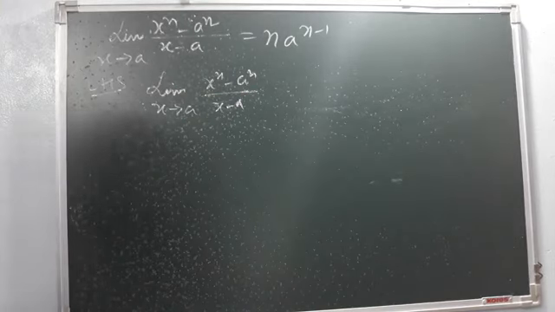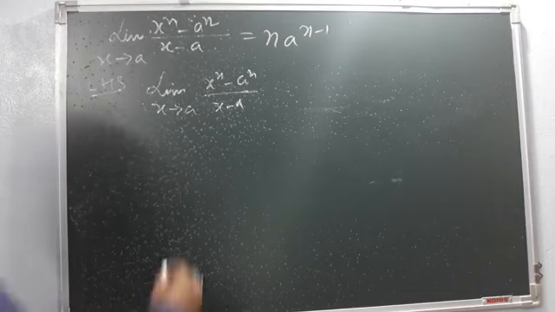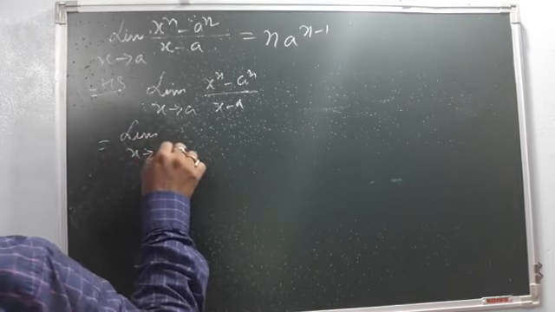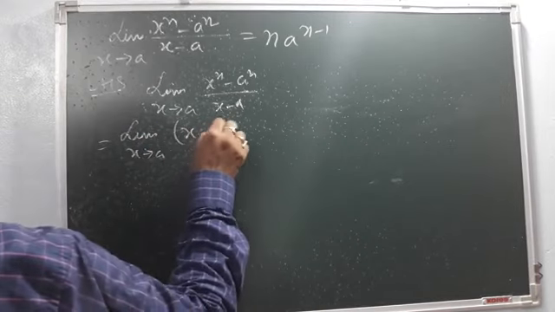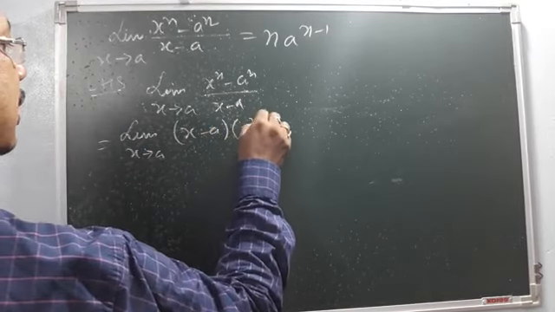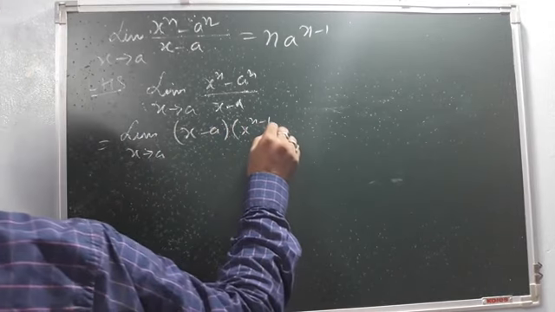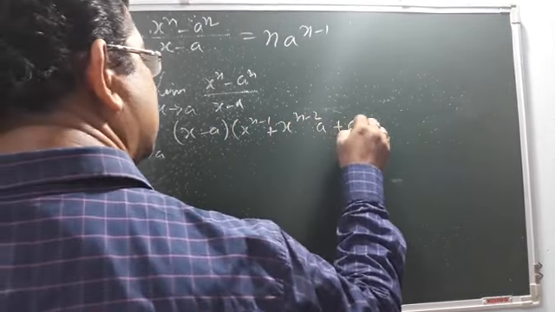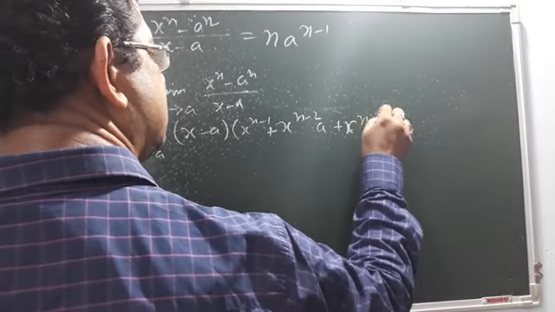What is the short form that we are going to write? If we divide, we can write the product form: x minus a times x to the power n minus 1 plus x to the power n minus 2 a, then x to the power n minus 3 a square.